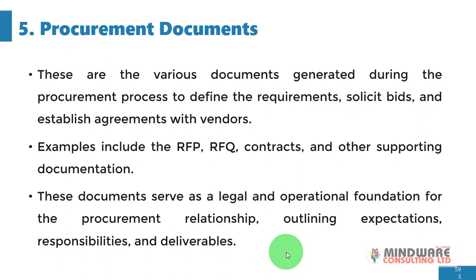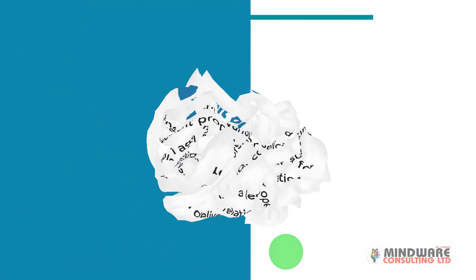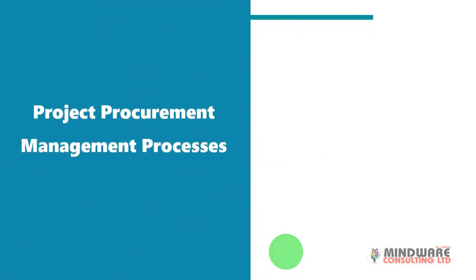Get all your documentation in a particular folder and have the folder well labeled for reference purposes. And of course, these documents will now serve as the organizational process assets for referencing for future similar projects.